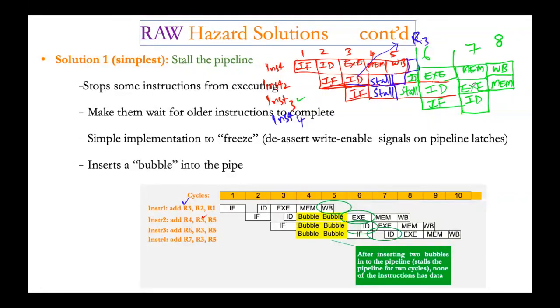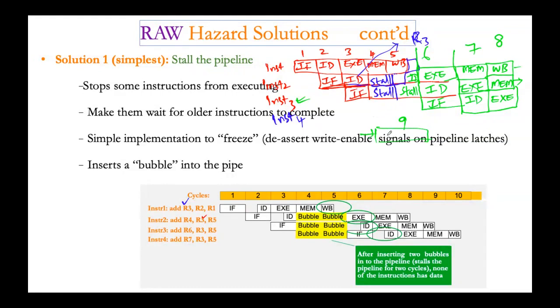When the third instruction gets into the memory stage, your fourth instruction can get into the execution stage. Then in the ninth cycle, your second instruction is finished.